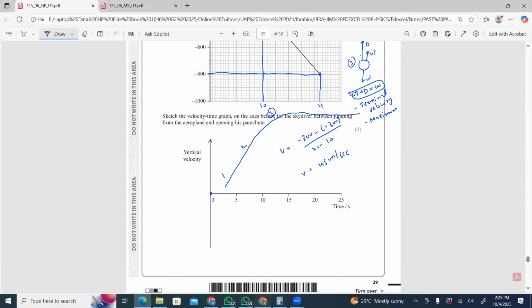So you just write 45 here because the speed is negative. So you just write this. Okay, it's very, very simple.